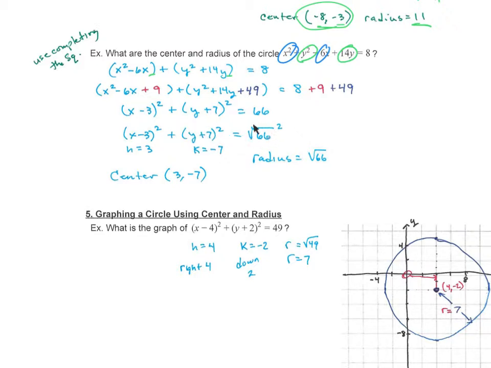And then we have simplified this radius. x minus 3 squared plus y plus 7 squared is going to be the square root of 66 squared.